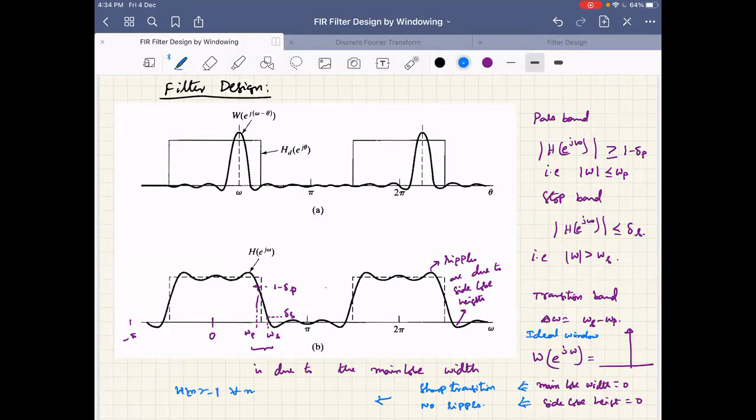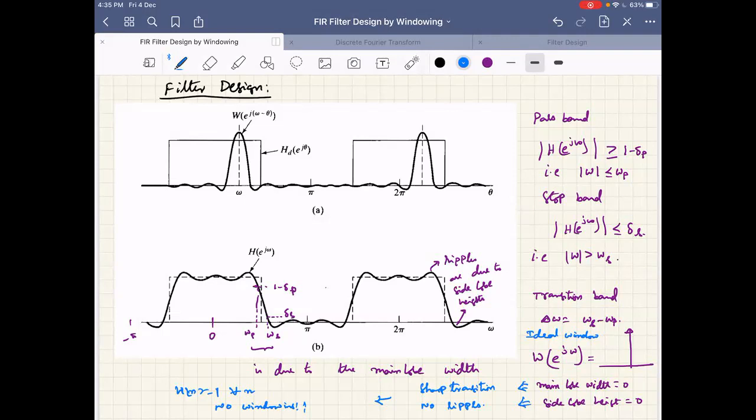That means we are not windowing at all, we are taking all samples into consideration, which is not feasible. So it is a ruled out case for getting the finite impulse response filter.